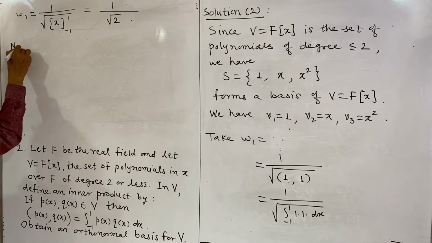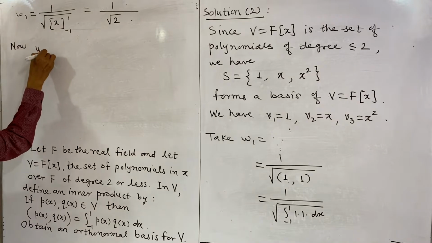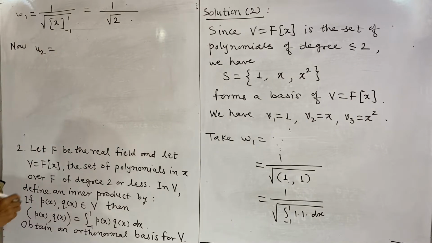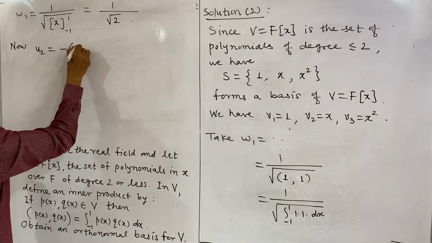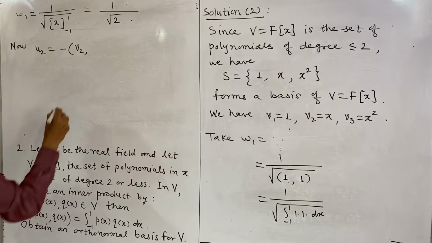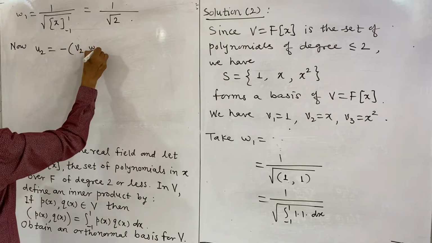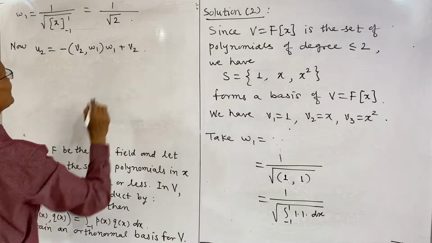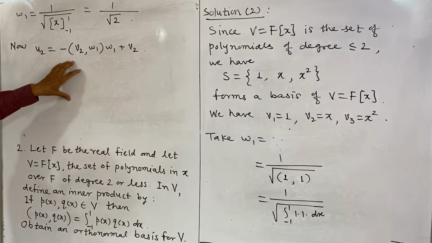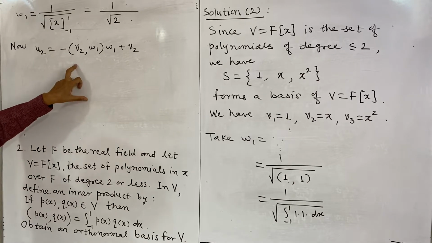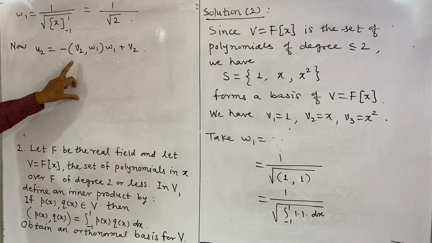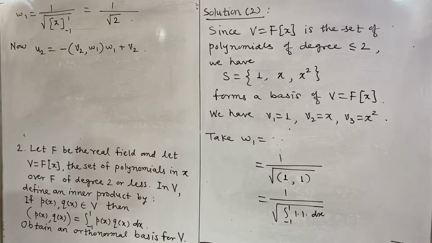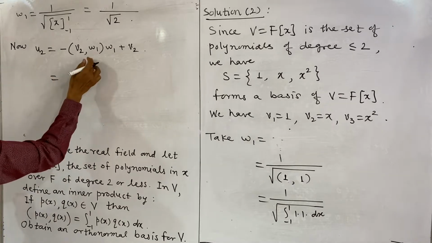Now U2 is, we know, minus inner product of V2 with W1 multiplied by W1 plus V2. This is the expression for U2 that we have written in the proof of theorem number 2, Gram-Schmidt's orthogonalization process, and we put the value of this V2 and W1.